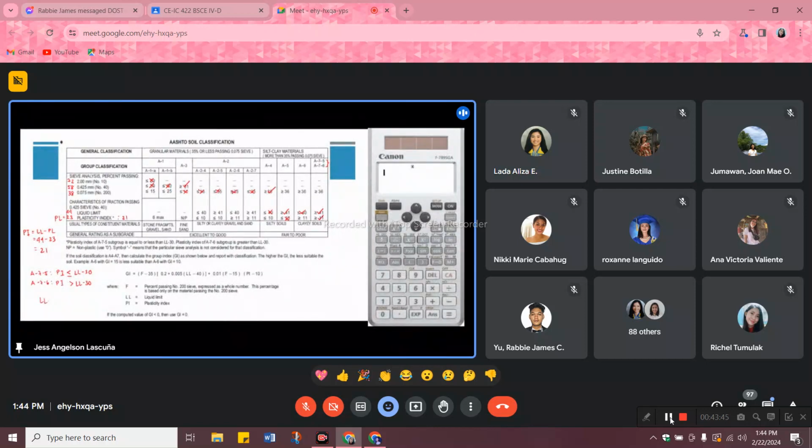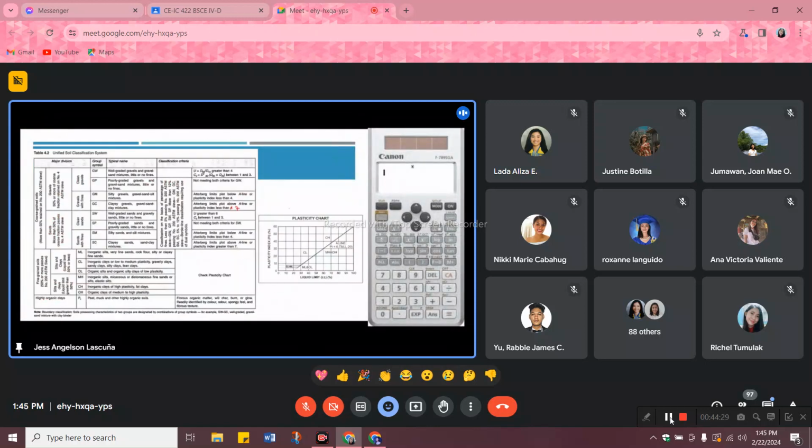So LL minus 30 is 44 minus 30, which is 14. So 21 is greater than 14, and A-7-6 governs. So A-7-6 is the classification of soil C.